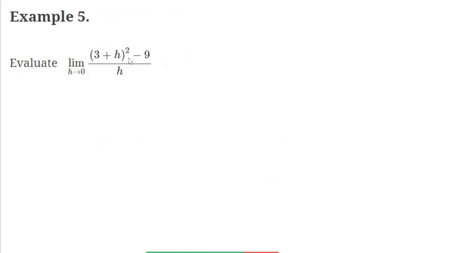All right, let's look at this problem. All right, so we've got 3 plus h squared minus 9 divided by h. So if I look at this one as the limit's going to 0, can I do it?